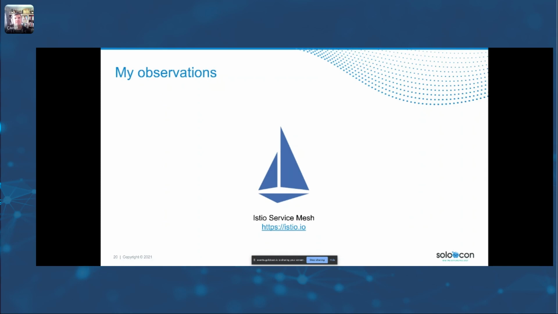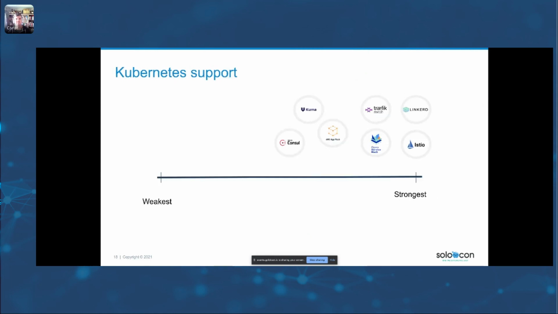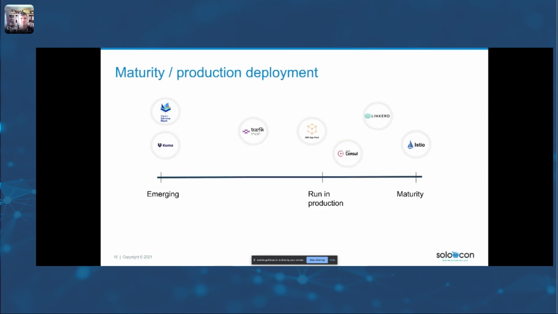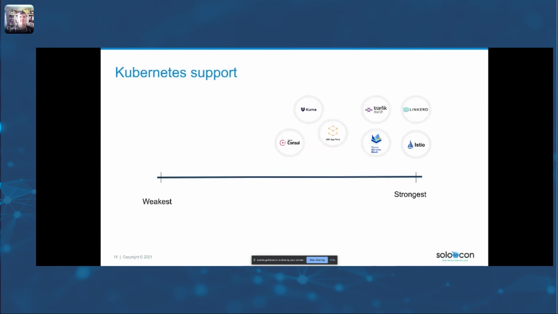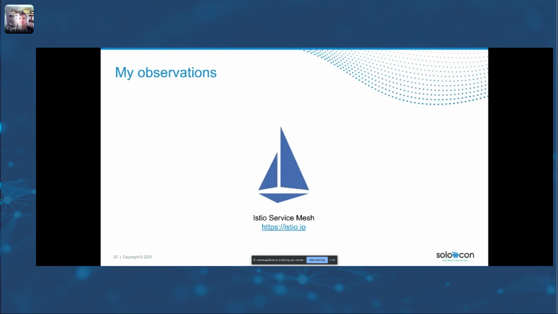But more recently, I would say within the last year, the market has started to coalesce around Istio. Istio is becoming the dominant service mesh that people are adopting, deploying into production, which also manifests itself in some of these observations that we saw earlier, that it's extremely mature, that it is supported by multiple vendors, that it's got strong Kubernetes and VM support.